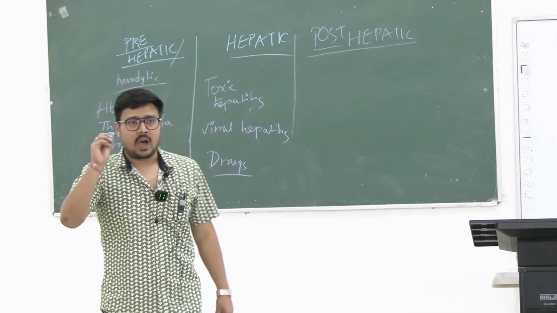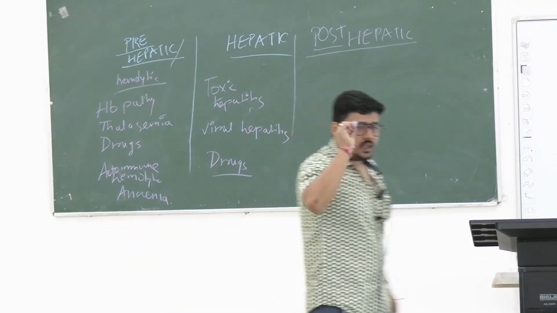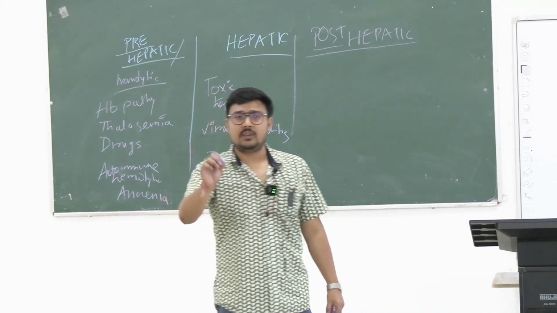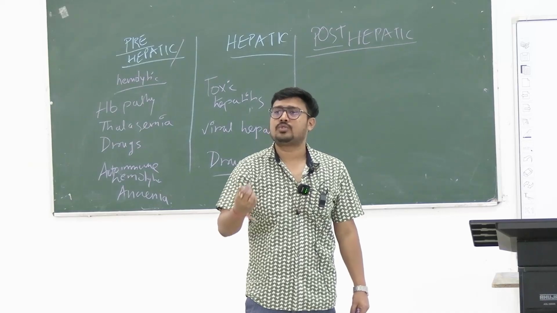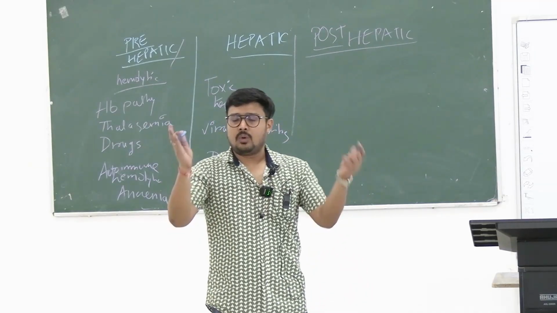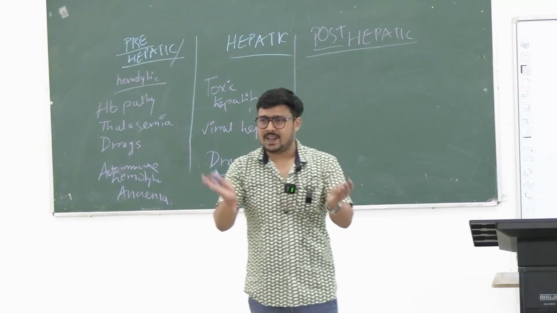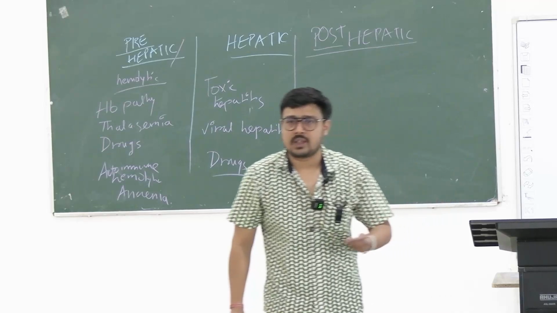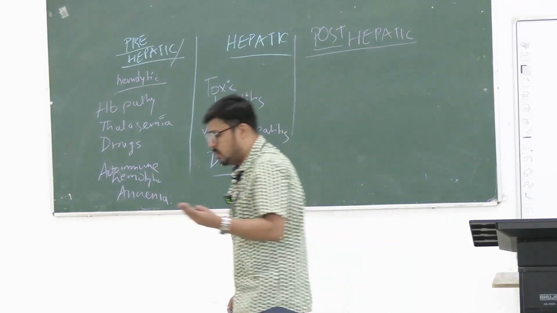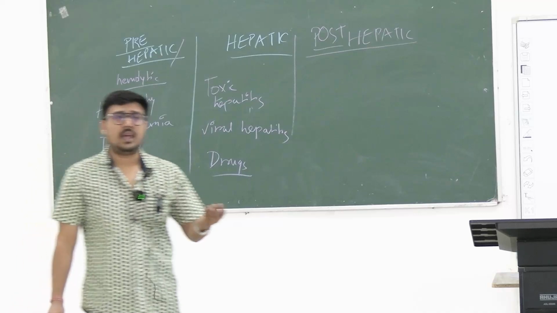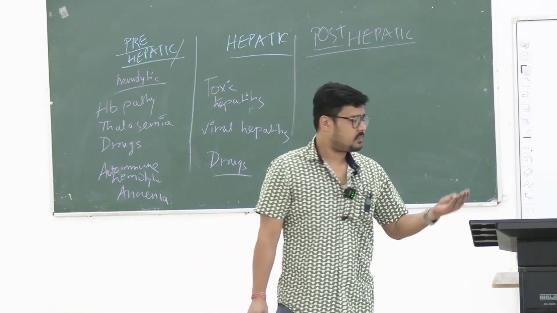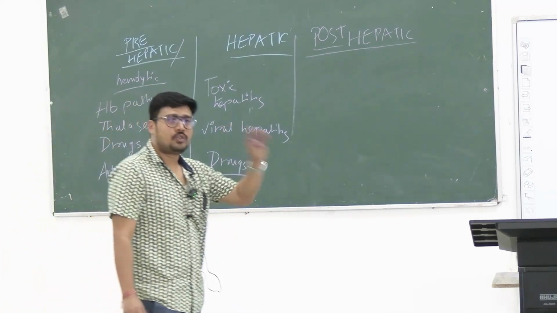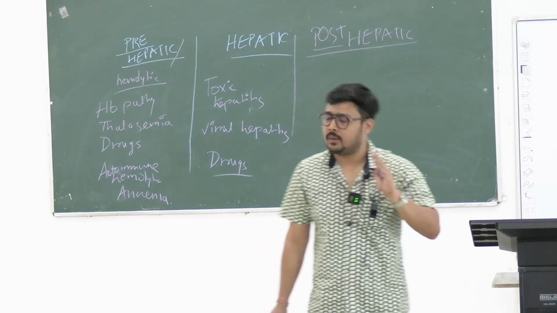So bilirubin after being conjugated is supposed to come within the biliary radicle within the liver, then finally come out from the liver through the common hepatic duct, formed by the confluence of the right hepatic duct and left hepatic duct. This common hepatic duct will get a tributary from the cystic duct and will finally be termed the common bile duct, and this common bile duct through the ampulla of Vater is destined to drain its contents into the second part of the duodenum. Okay?